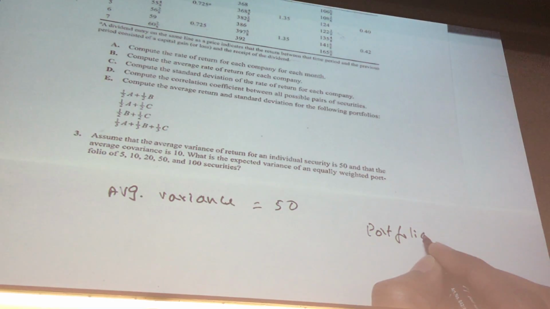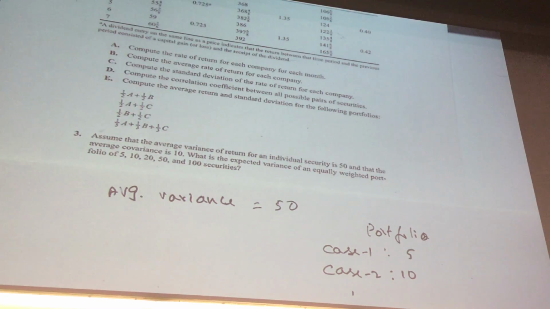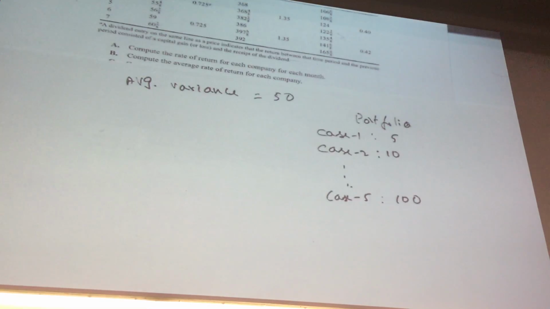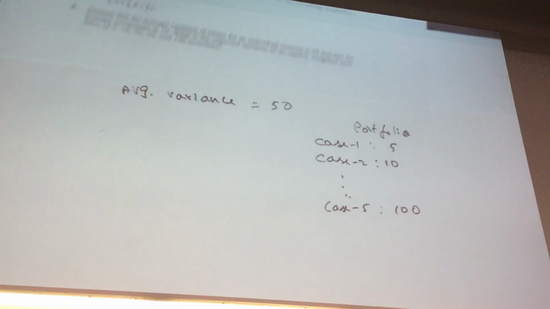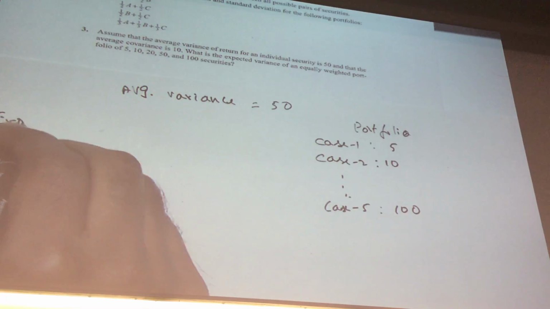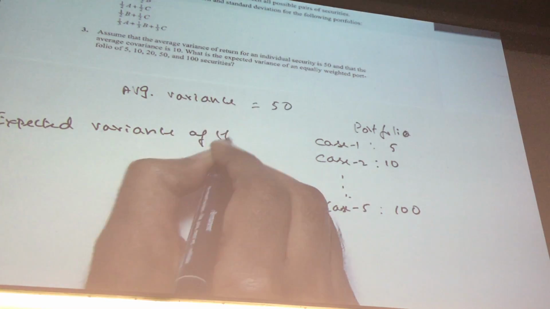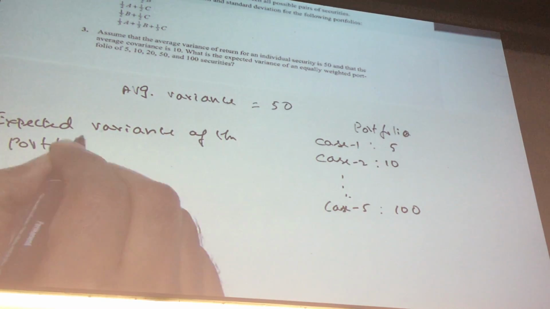There are different cases. In case 1, you have 5. Case 2, you have 10. And you have 5 cases. Case 5, you have 100 securities. The question is the expected variance of the portfolio.